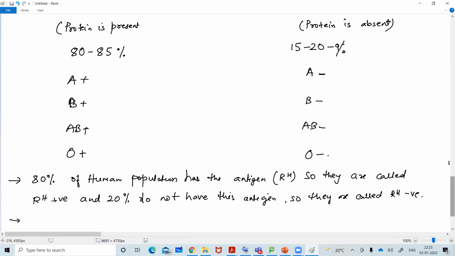Again, here also, while the blood transfusion process, Rh factor is considered. So you can say that blood matching is essential to check Rh compatibility.